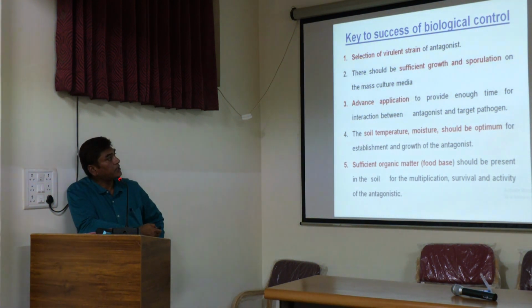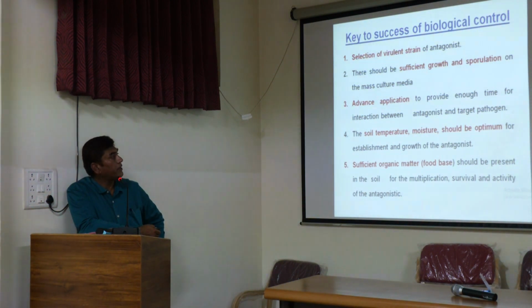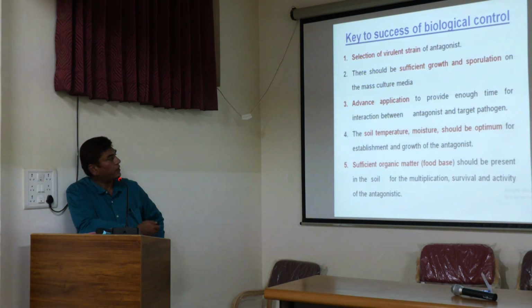There should be sufficient growth and sporulation on mass media, and advance application. Bioagents always need advance application because it provides enough time for interaction between the antagonist and the target pathogen. Unlike chemicals, where the effect is immediate, in the case of bioagents you should apply in advance.